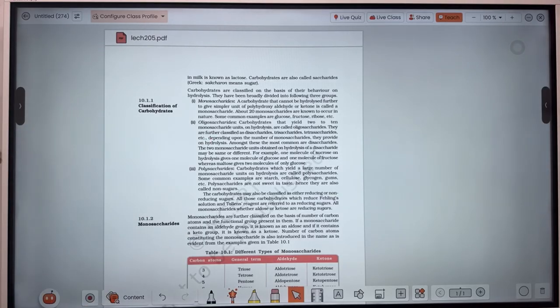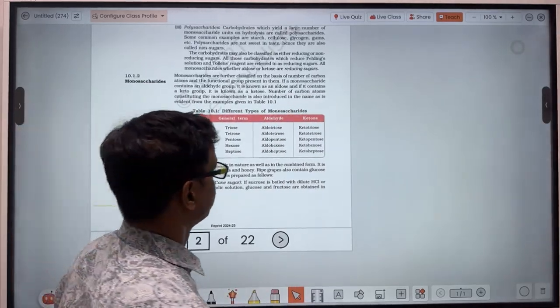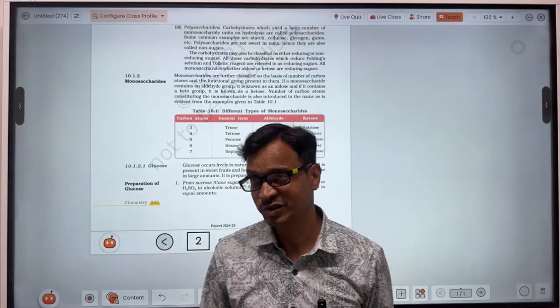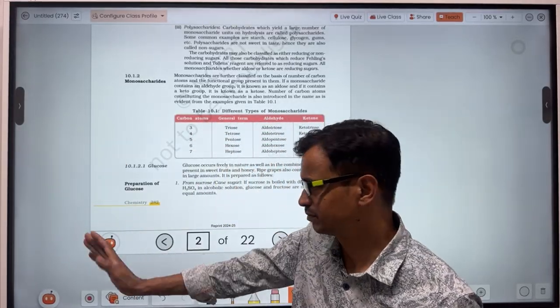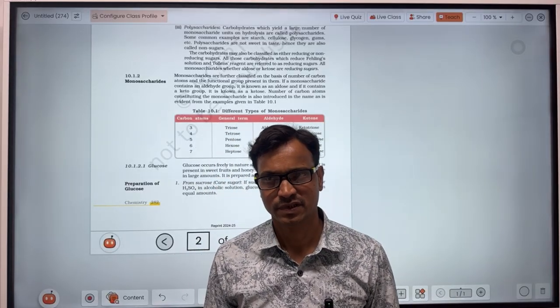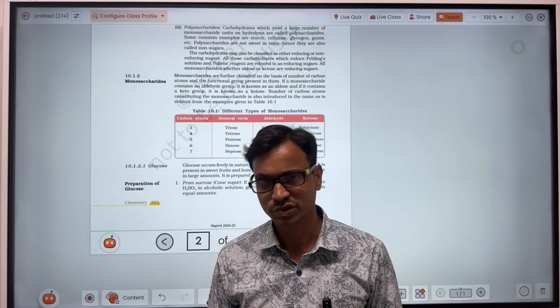Now the next point is about glucose. That was a classification we did, and here we will discuss glucose separately. Glucose and fructose are in your syllabus, and glucose is an aldose, fructose is a ketose.